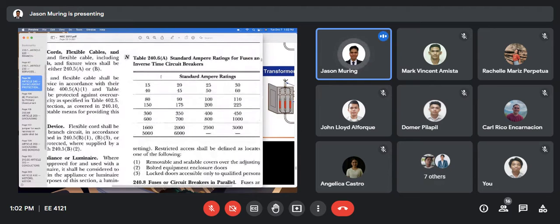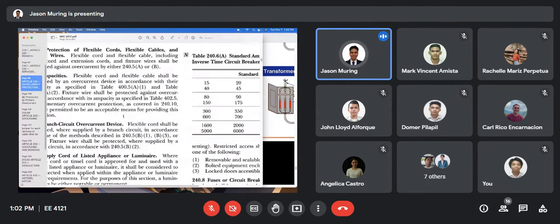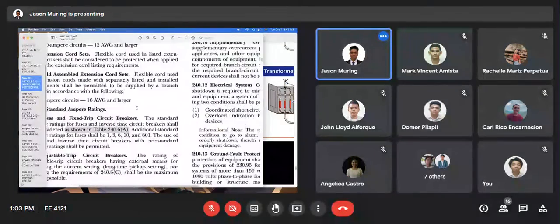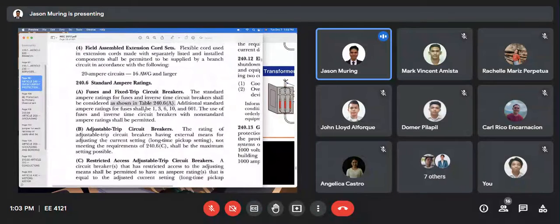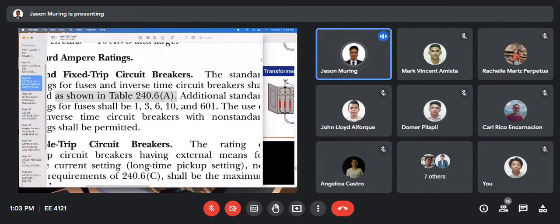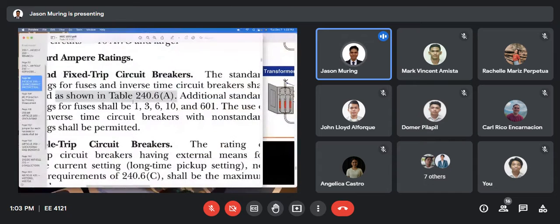So you see here, the most common are starting from 15 to 6,000. But you can also see some other uncommon sizes of fuses here. So we have 1, 3, 6, 10, and 601. So based on our calculation, we have here current of 3.125, and since there's no note to use next higher, we use 3.